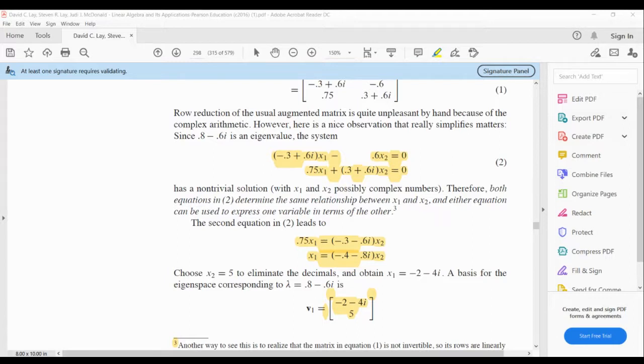So you have a complex eigenvector. That's right, Solomon. The second eigenvector would be negative 2 plus 4i for the first component, and then a 5 for the second component. Very good.